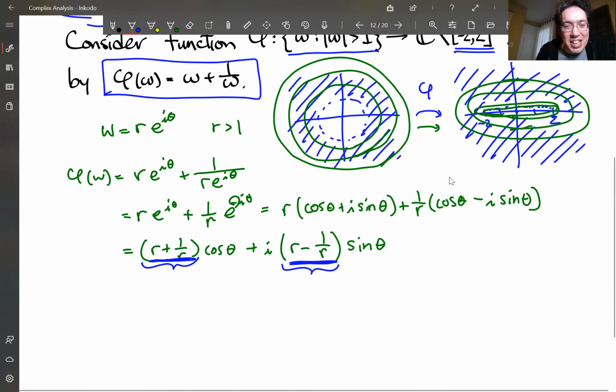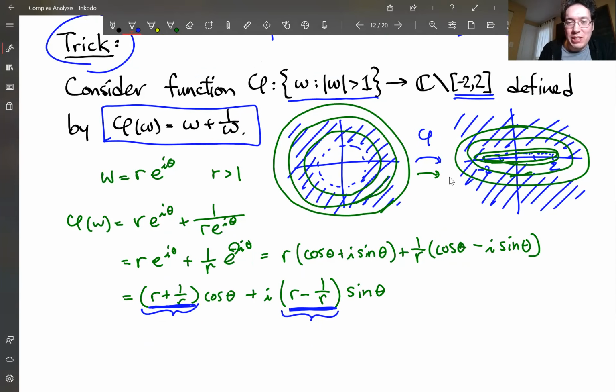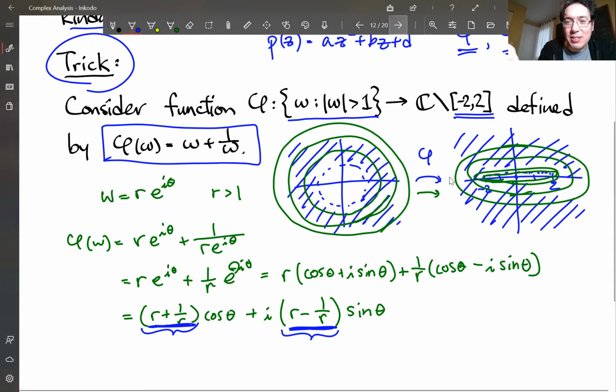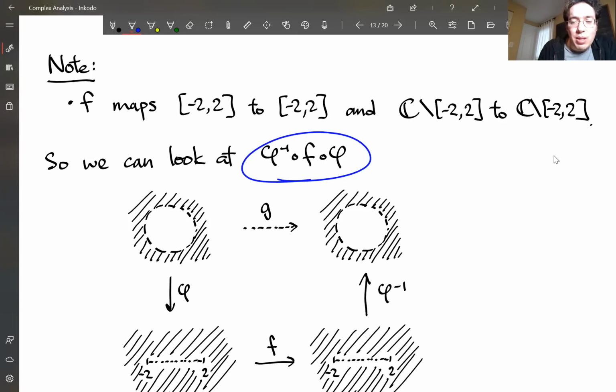All right. Okay, so we have this function phi. How could we use this guy? Let's see if we can look at the mapping. Okay, so we want to look at this combination phi inverse of f of phi.